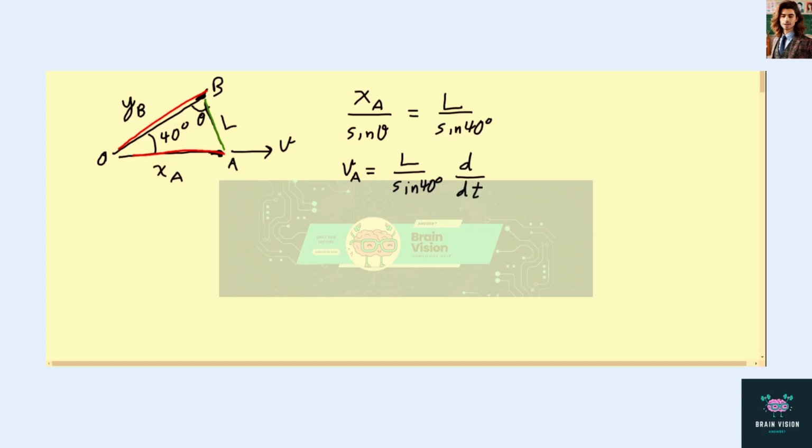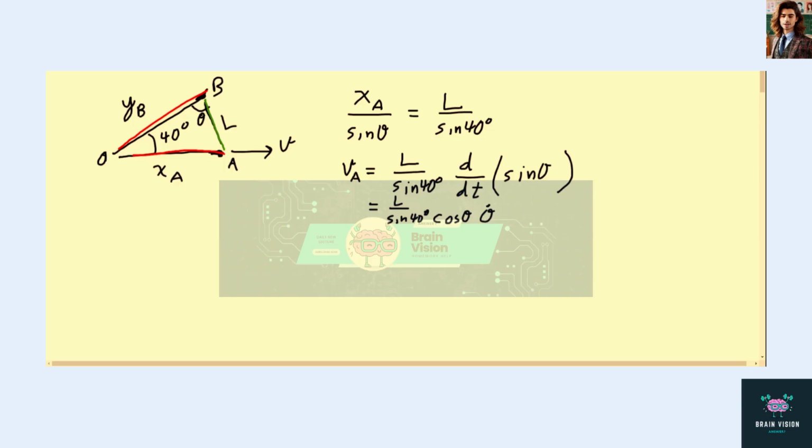So we have the derivative with respect to time of sine of theta. So when we take that derivative with respect to time, we're left with L over the sine of 40 degrees times the cosine of theta, and then theta dot, which is just the time derivative of theta.